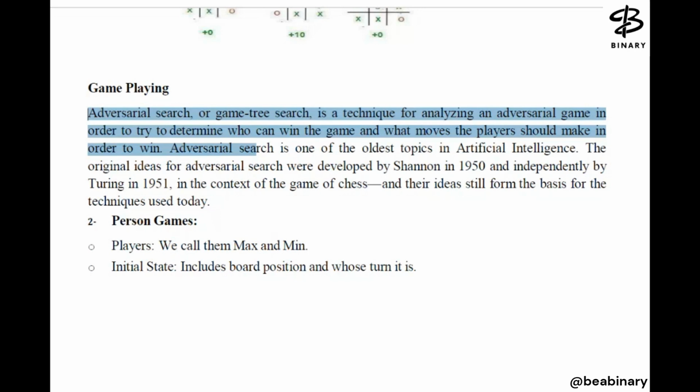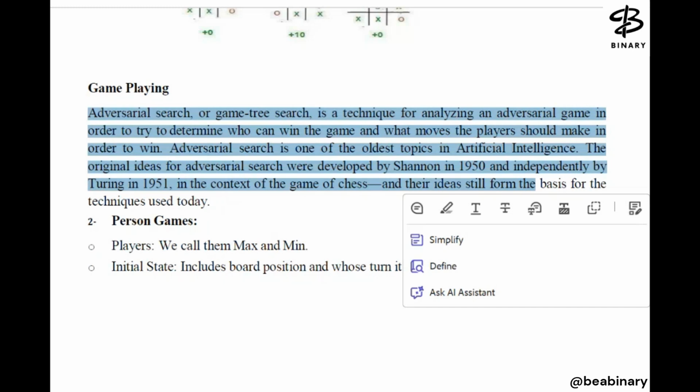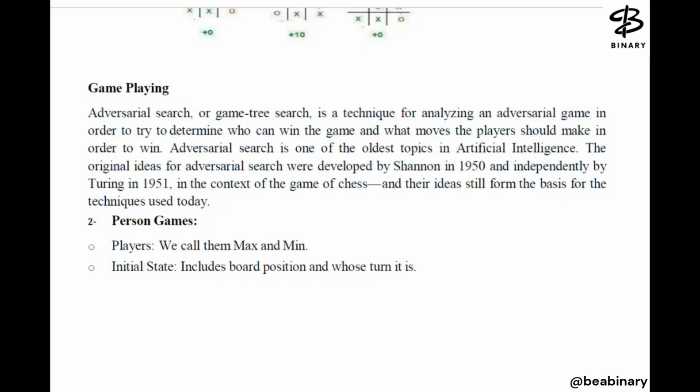We need to analyze a game according to the players, the multiple agents involved, and who can win. Adversarial search is one of the oldest topics in AI, and the original idea was developed by Shannon in 1950 and independently by Turing in 1951, in the context of chess. Their ideas still form the basis for the techniques used today.